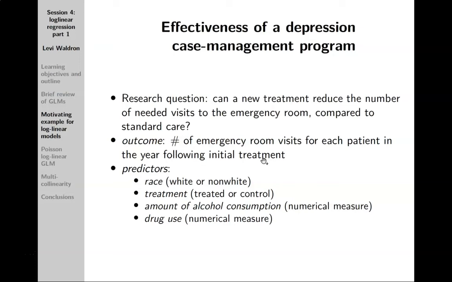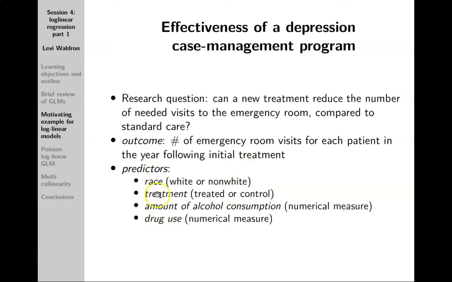But the research question is whether a new treatment can reduce the number of needed visits to the emergency room compared to the standard of care. And the outcome is the number of emergency room visits for each patient in the year following initial treatment. There are 4 predictors.